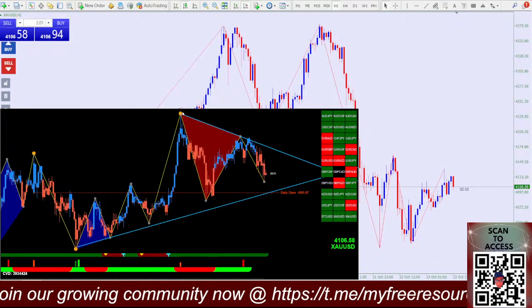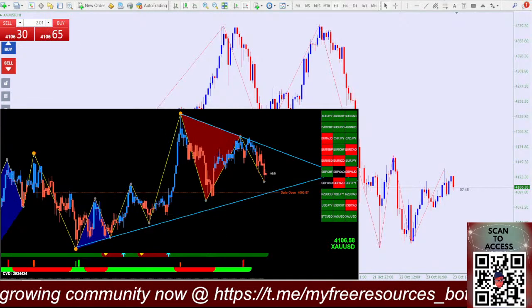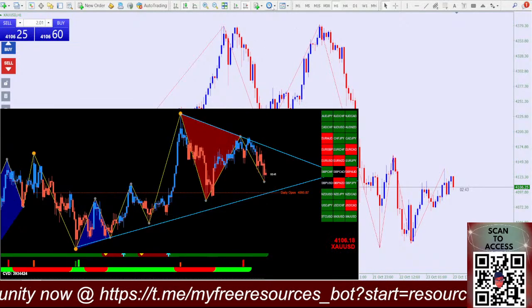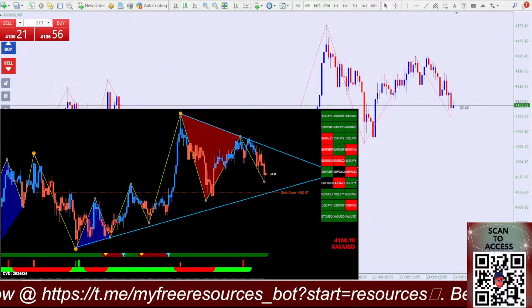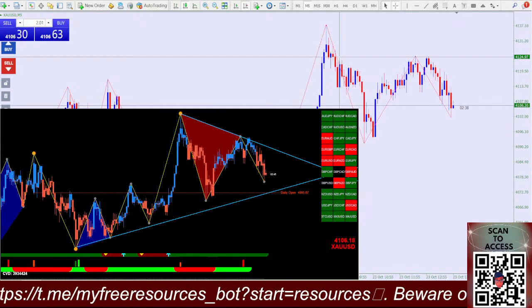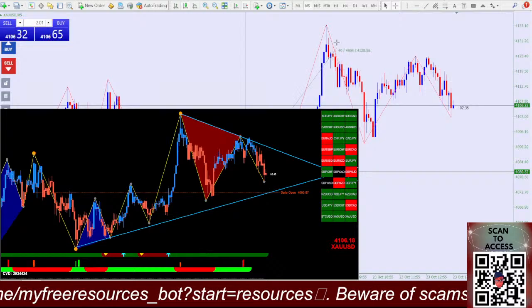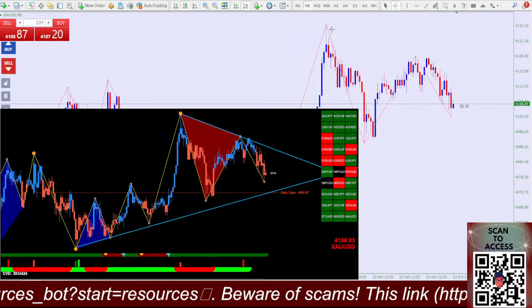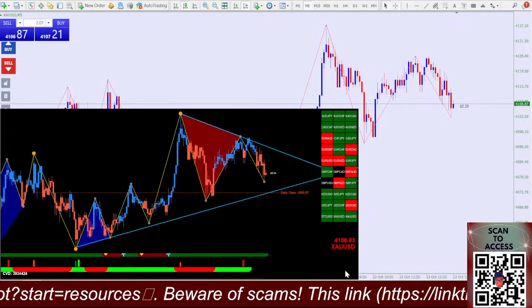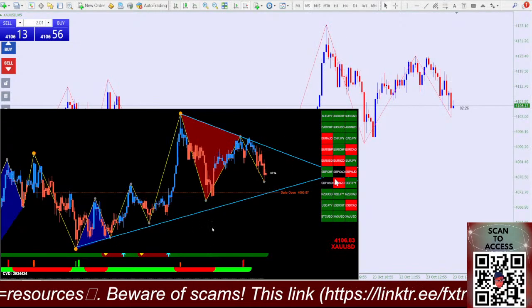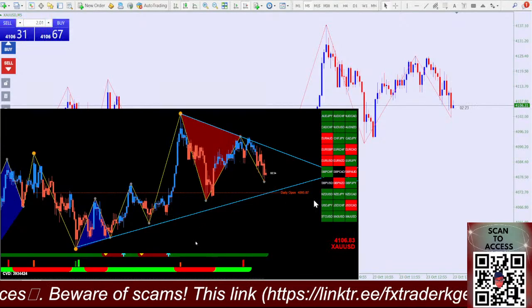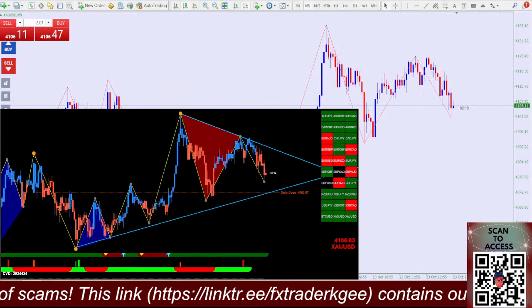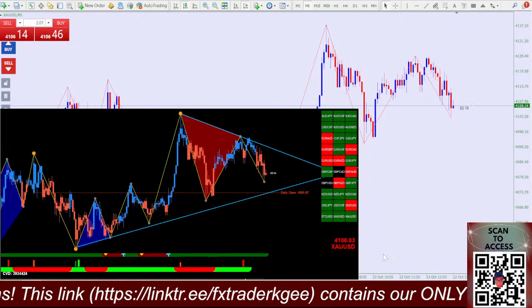It took us to here. Now how many pips was that able to give? Even if you took it from here, over 400, almost 500 pips. Over 500 pips. All right.